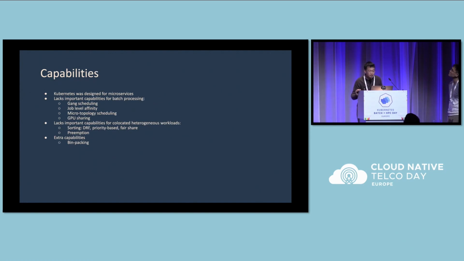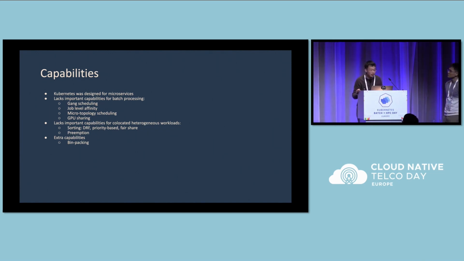The second thing I want to address is capabilities. Since Kubernetes was designed for microservices first, it lacks some important capabilities for batch processing. As we all know, an important one is high performance gang scheduling, and we also care about many special features such as job level affinity, which means I want to put all of the pods in the same training job under the same network switch to achieve better network performance.